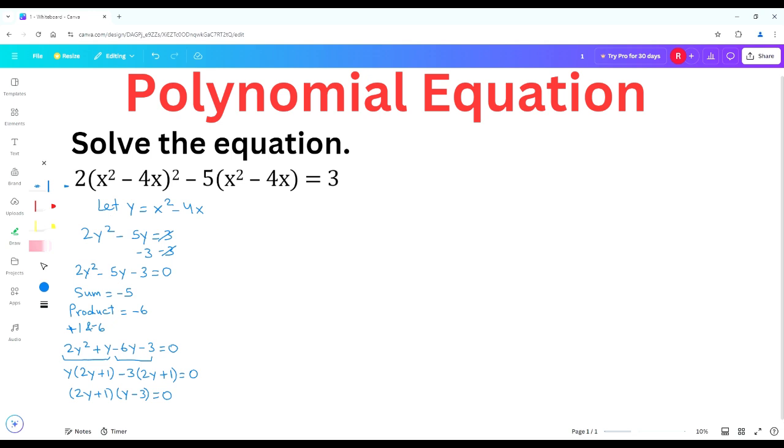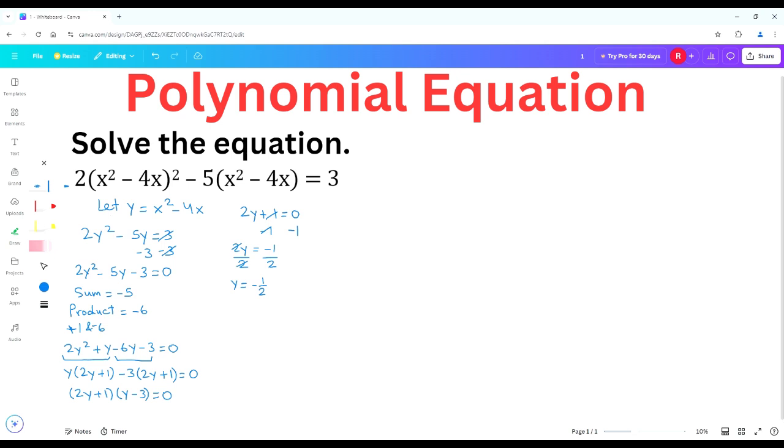Next, we can solve this equation by setting each factor equal to 0 and solving for y. We can solve for y. I get y equals negative 1 over 2.